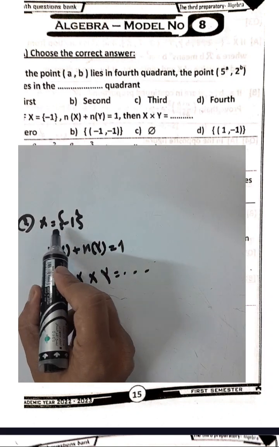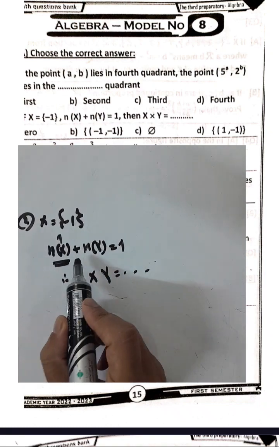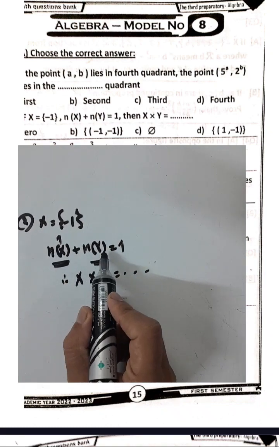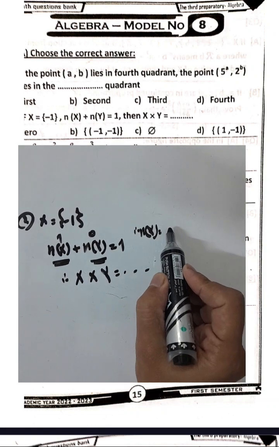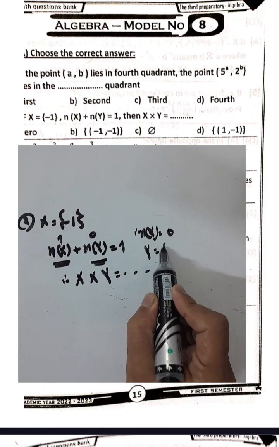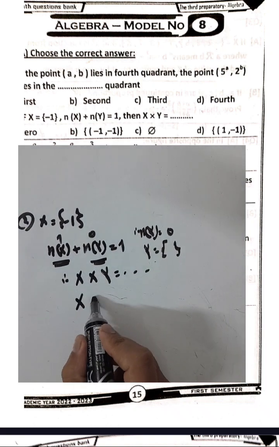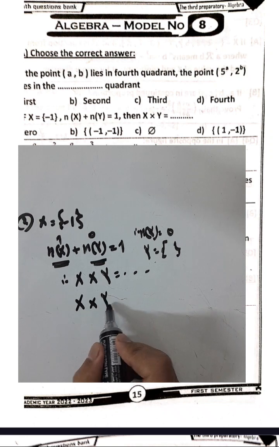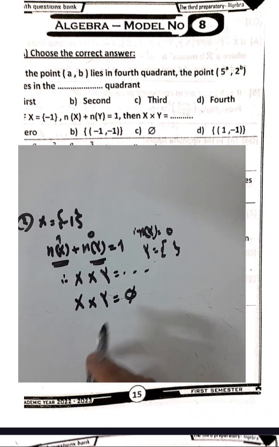We know x equals the set of negative 1, so the number of elements in x is 1. 1 plus the number of elements in y equals 1, so the number of elements in set y is 0. It will be empty. Then the Cartesian product between x and y will be the null set phi, because it's empty.